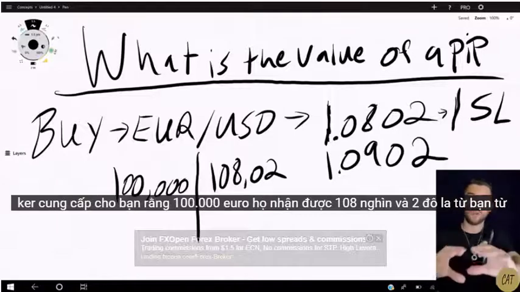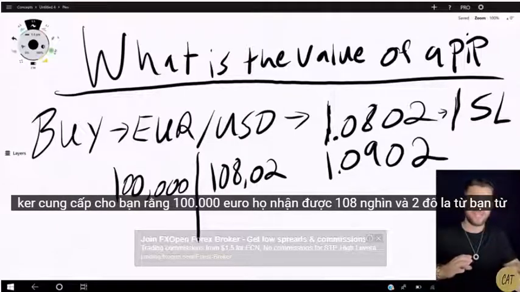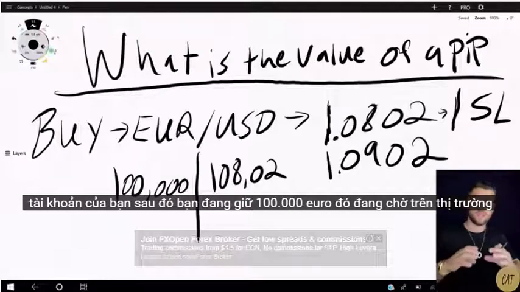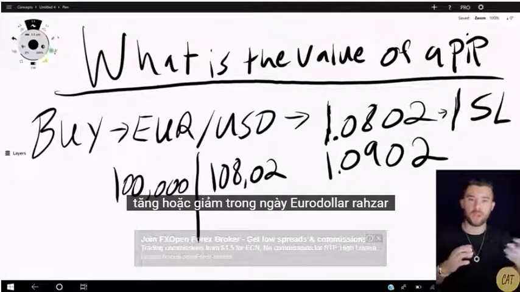So that's what you're being charged to get 100,000 euros. Your broker gives you that 100,000 euros. They get $108,002 from you, from your account. Then you are holding that 100,000 euros, waiting on the market to either rise or fall, waiting on the euro dollar to either rise or fall.